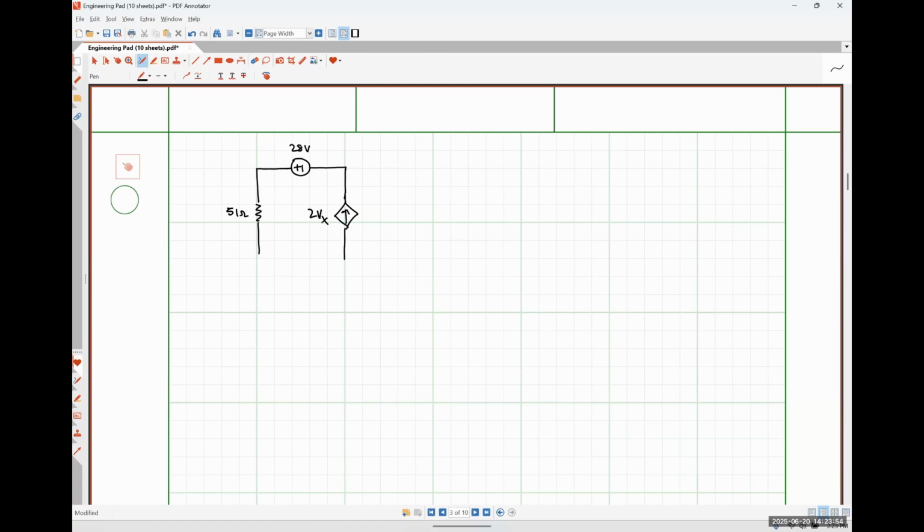This is a voltage controlled current source. 18 ohm resistor across which we have our controlling variable Vx.